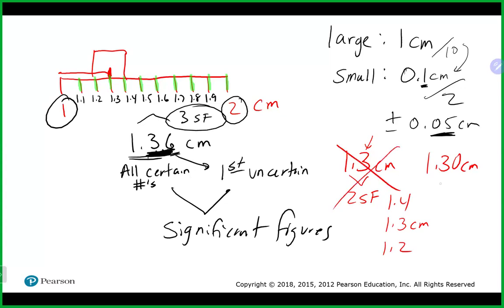This number has how many significant figures? Would have 3 significant figures. The uncertain number would be? It is the 0. It is always the last significant figure there, right? So that is our uncertain number. So what you're saying in this measurement is, I think it's 1.30 centimeters, but maybe it's 1.29, maybe it's 1.31.